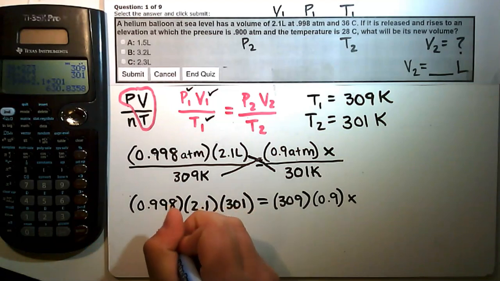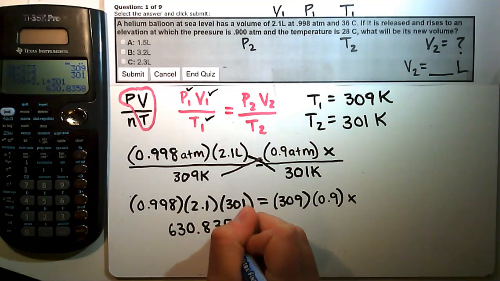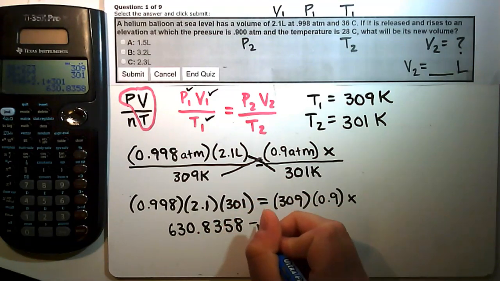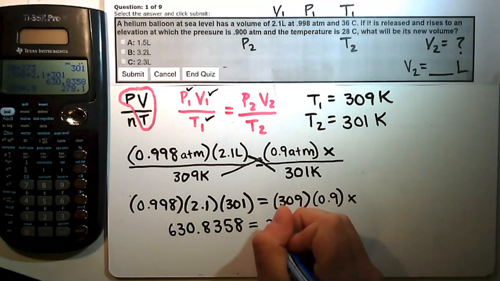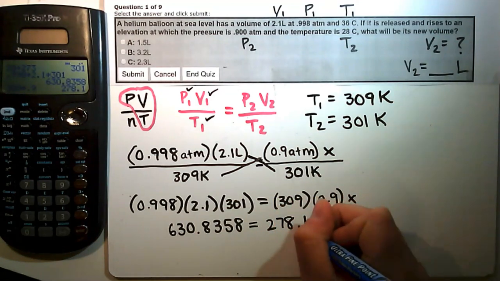And I got 630.8358. I'm going to hold on to that whole value. I don't want to end up with a rounding error. Equals 309 times 0.9, 278.1, and then I can't forget about that x.